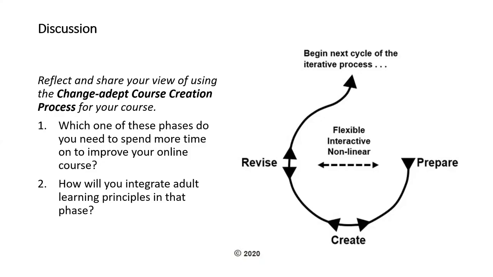Please share, as a whole group, by typing into the chat the answers you have to these two questions. Which one of these phases do you need to spend more time on to improve your online course? And how will you integrate adult learning principles into that phase? I'm excited about looking through your answers now. Go right ahead.